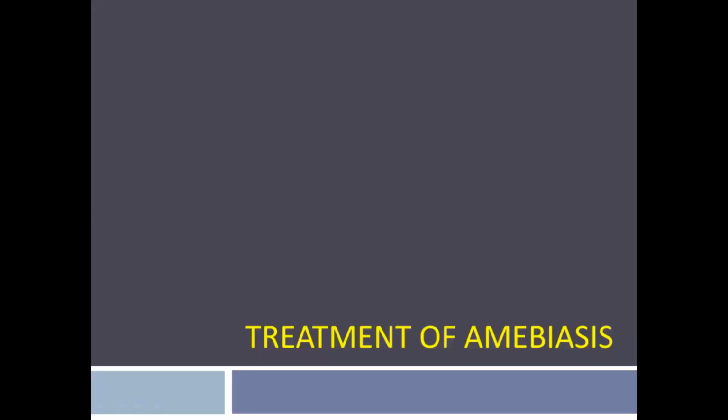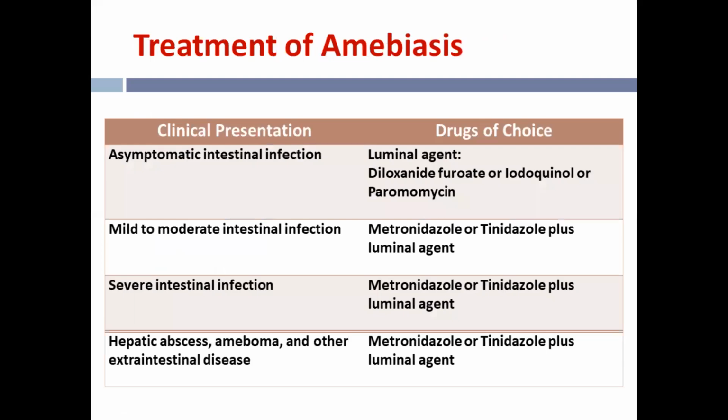For the treatment of amoebiasis, so usually we give a luminal agent and a tissue agent such as yung diloxanide, iodoquinol, and paromomycin. No? And sometimes we give metronidazole, no, for patients na symptomatic.